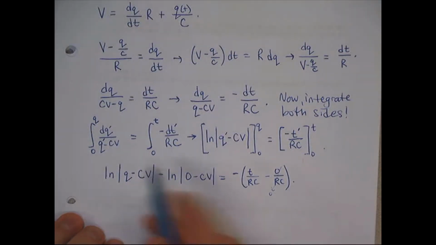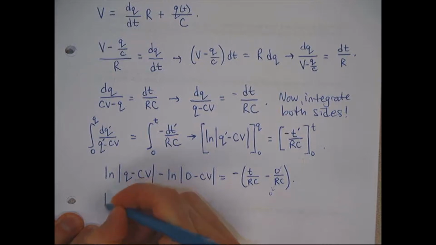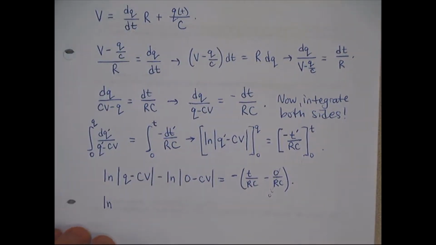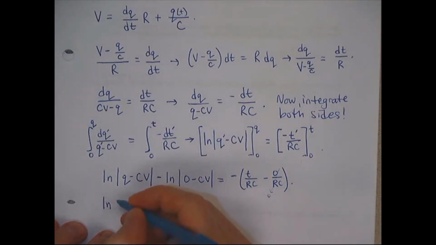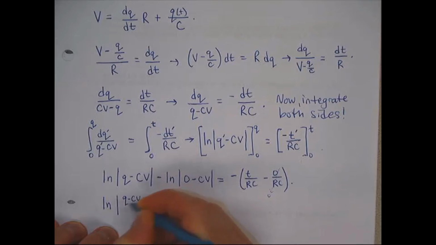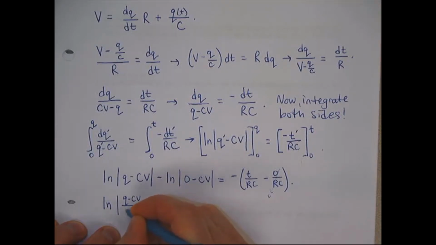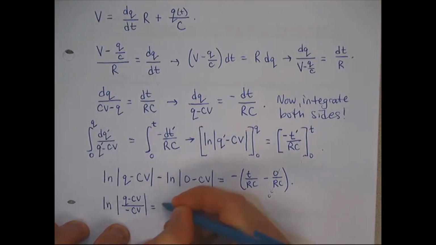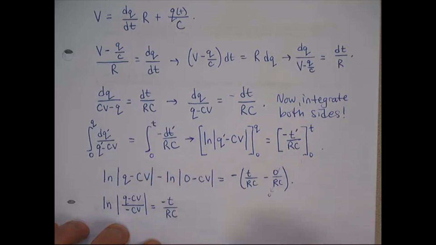We'll combine our logs here. The difference of the logs is the log of the quotient, Q minus CV divided by negative CV, and that equals negative t over RC.